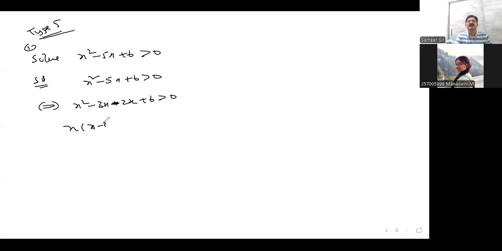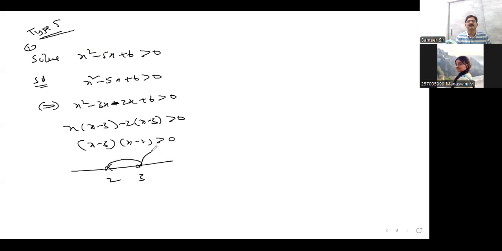If you take x common, x minus 3, minus 2, x minus 3 greater than 0. So x minus 3 and x minus 2 greater than 0. You plot the numbers. This is yes, no, yes. So x belongs to minus infinity to 2 union 3 to infinity.